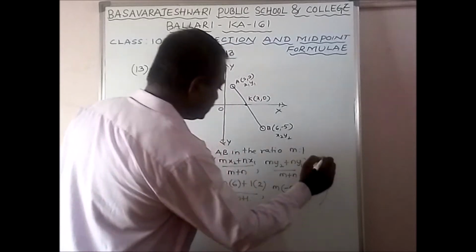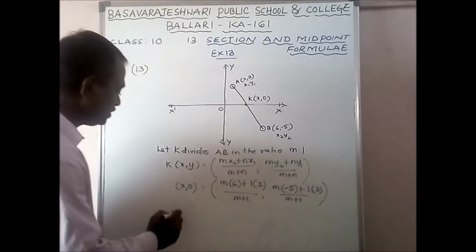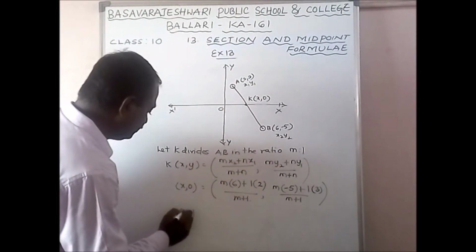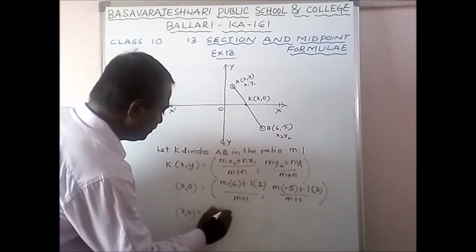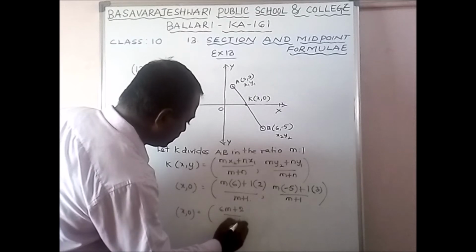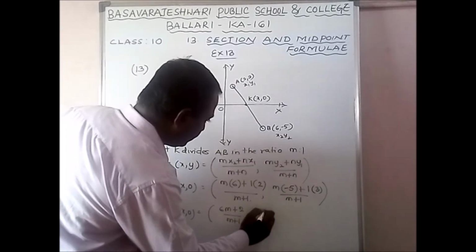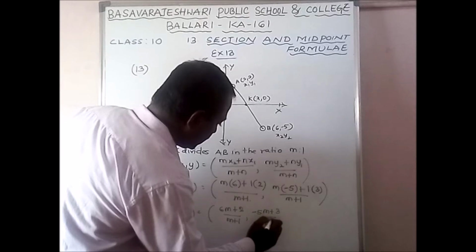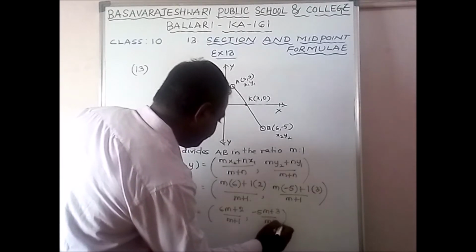So this is the substitution. So (x, 0) equals ((6m plus 2) by (m plus 1), (-5m plus 3) by (m plus 1)).